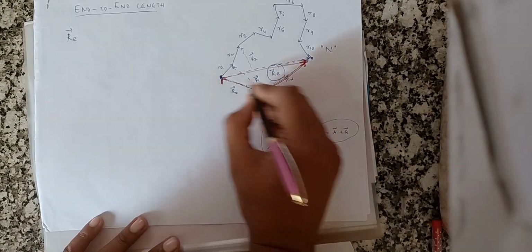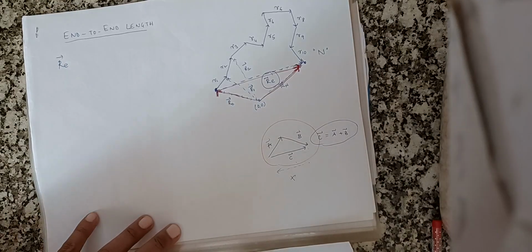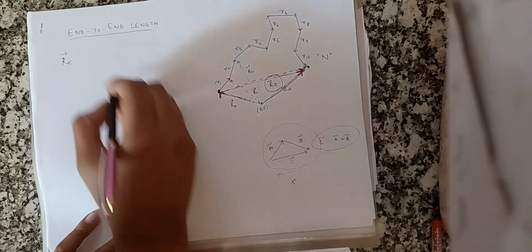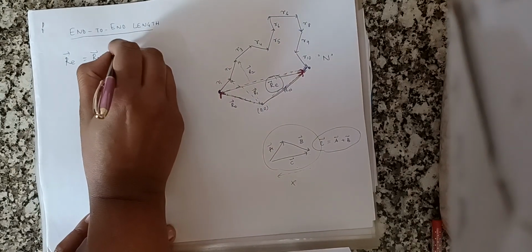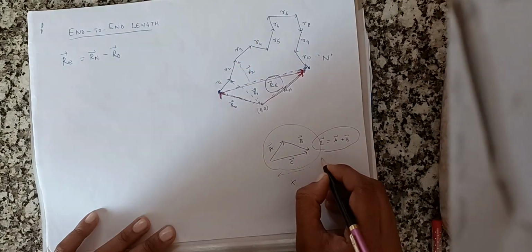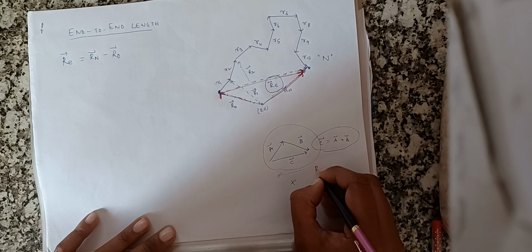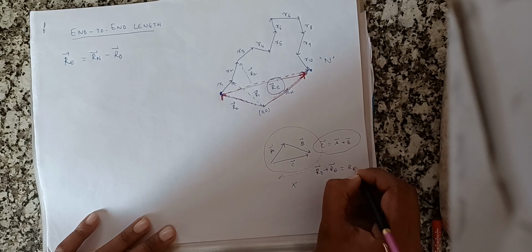So what is Re then? In general I can write from the triangle that Re is going to be Rn minus R0, right? Because following the same rule, we can write that R0 plus Re is equal to Rn.